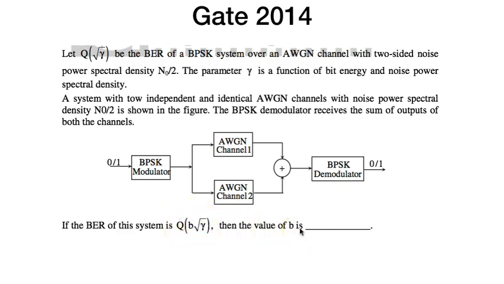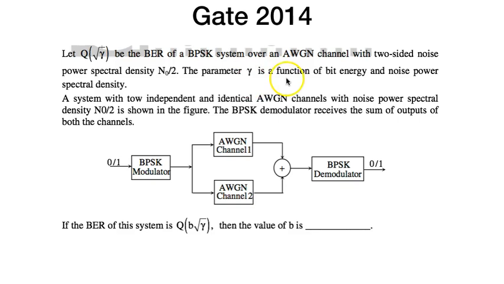So let me first read the question. Let Q of under root gamma be the bit error rate, probability of error, of a BPSK over an AWGN channel with two-sided noise power spectral density N0 by 2. BPSK, binary phase shift keying: binary means there are two signals, phase shift keying, two different signals.